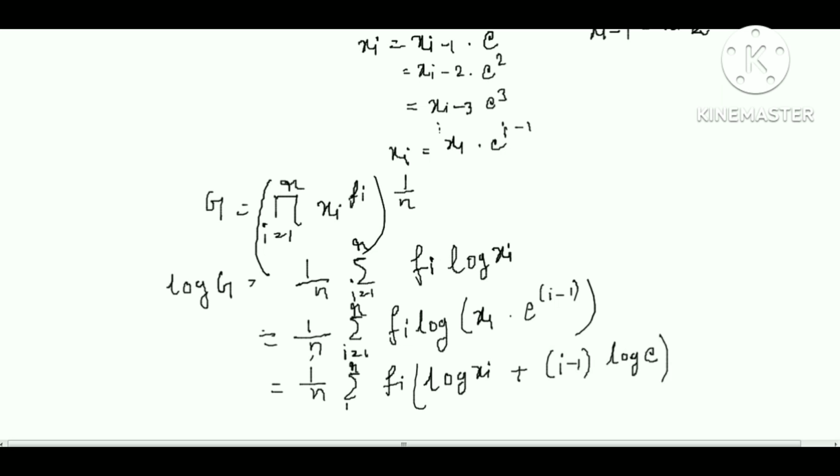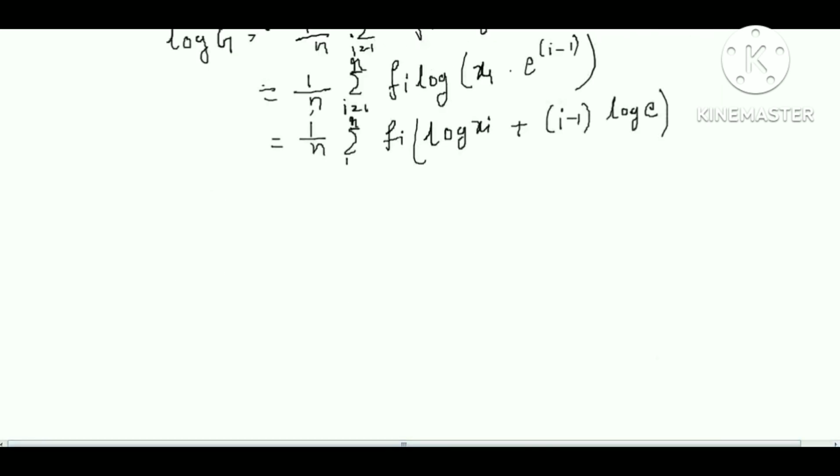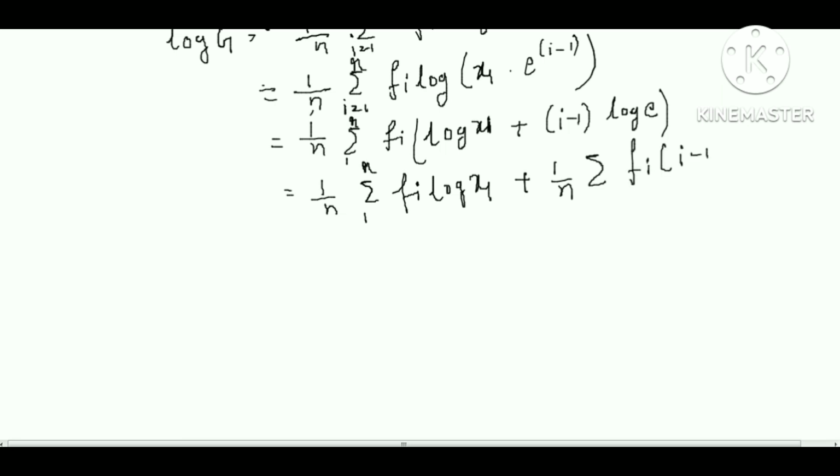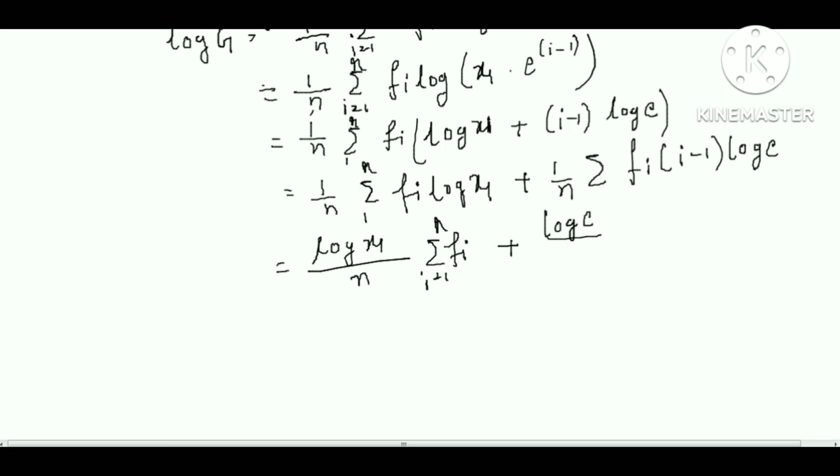So if we break this sum in two parts, then we have 1 by n summation i from 1 to r f_i log of, sorry, this is log of x1, plus 1 by n summation f_i into (i minus 1) into log C. We have log of x1 divided by n into summation i from 1 to r f_i plus log C divided by n into summation i from 1 to r f_i into (i minus 1).